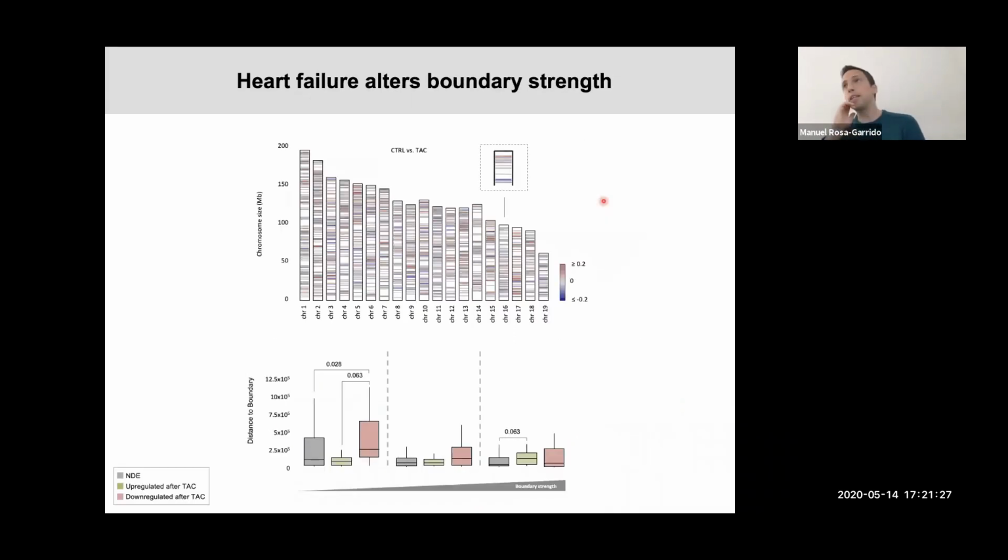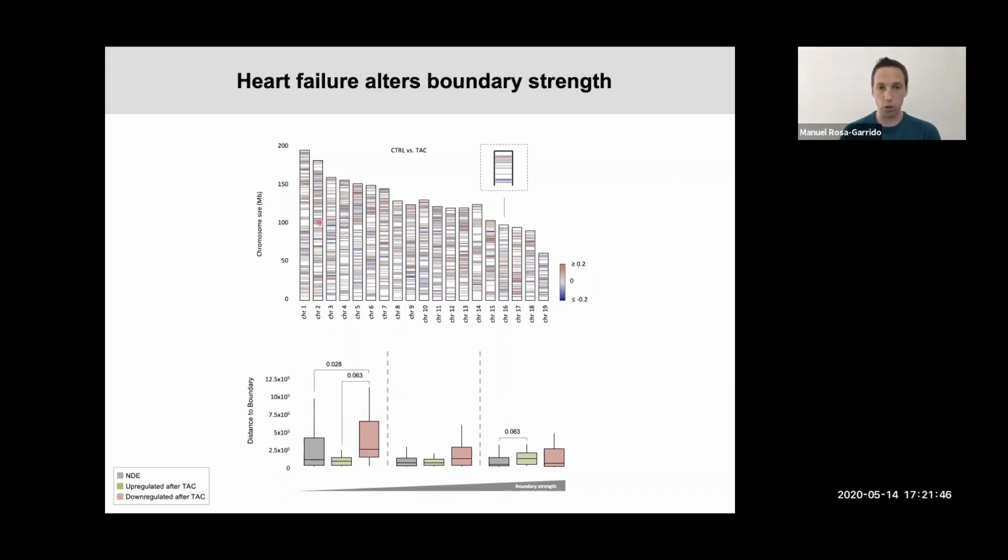So when we studied the distribution of the TADs after inducing heart failure, we didn't see a very big difference. But when we focus on boundary strength, we saw very big differences. So it's something that I'm showing you here.